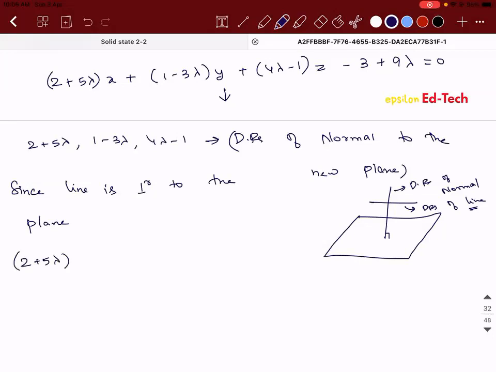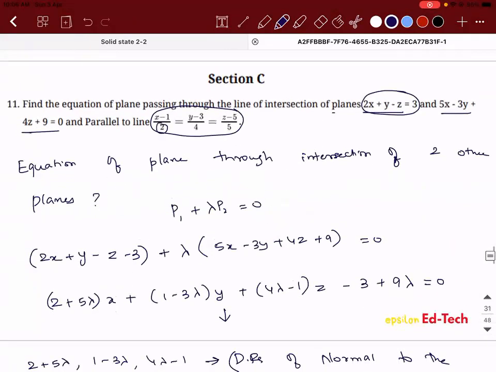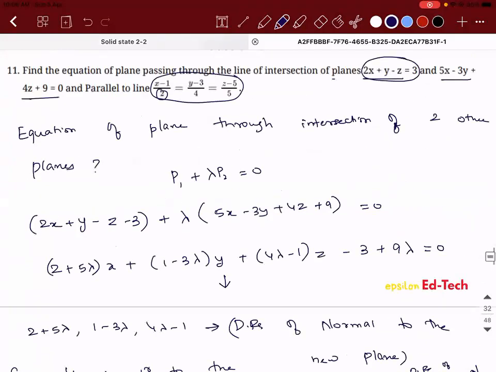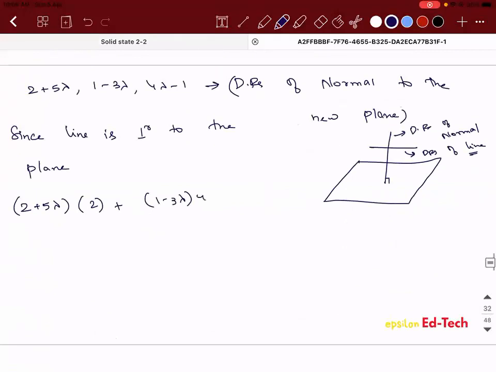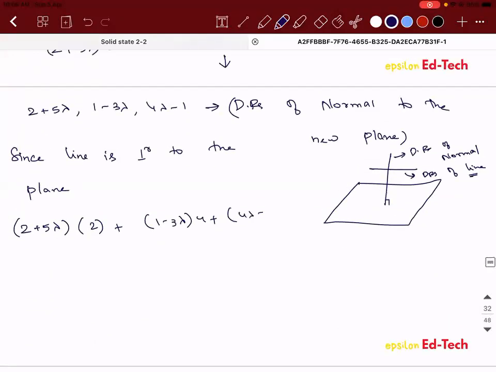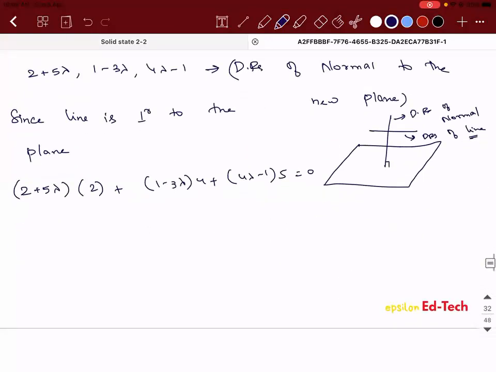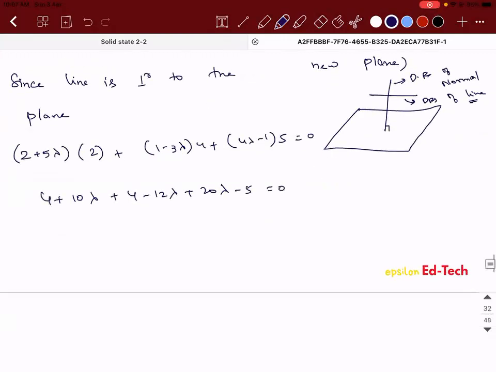2 plus 5 lambda into the direction ratio of this, 2, plus 1 minus 3 lambda into 4, plus 4 lambda minus 1 into 5 is equal to 0. 4 plus 10 lambda plus 4 minus 12 lambda plus 20 lambda minus 5 is equal to 0. 4 plus 4 is 8, 8 minus 5 is 3.